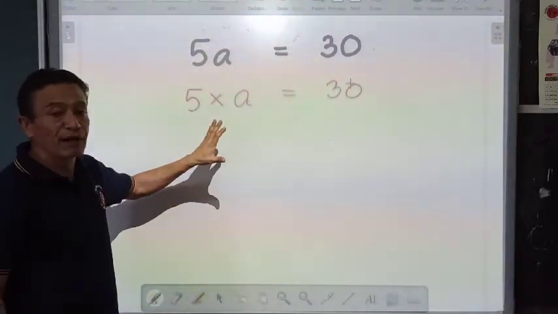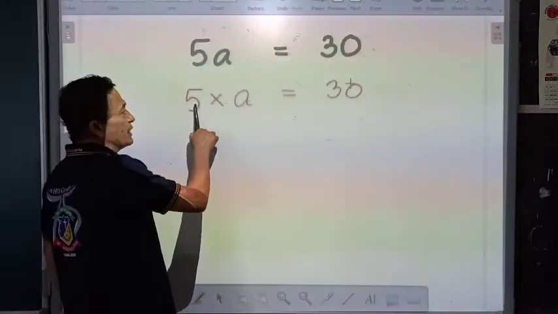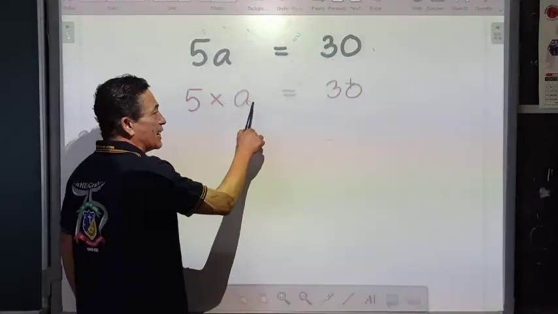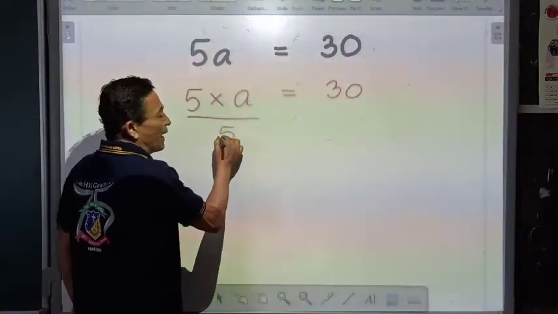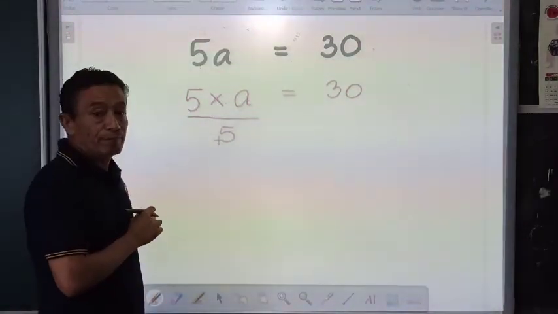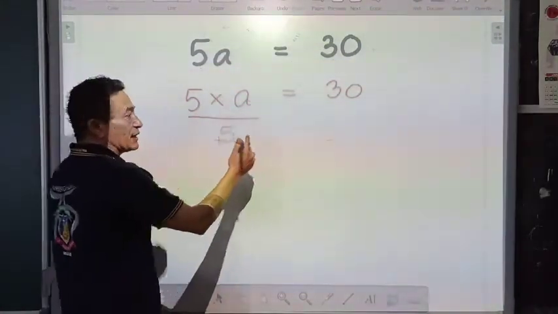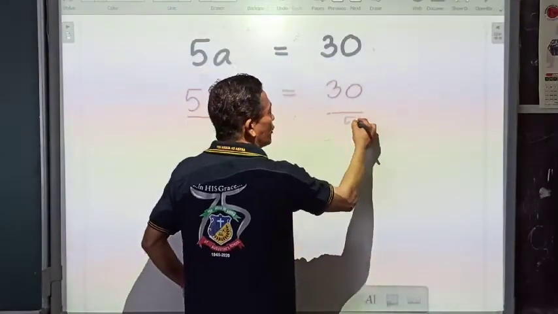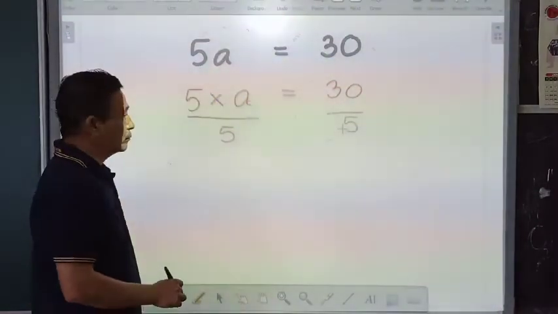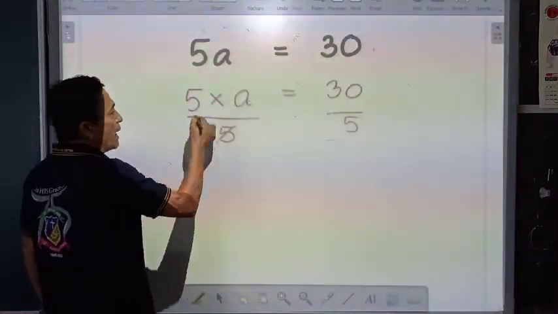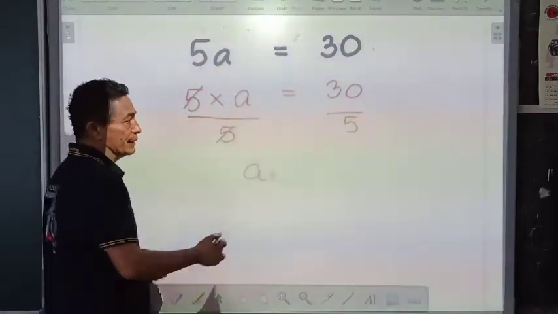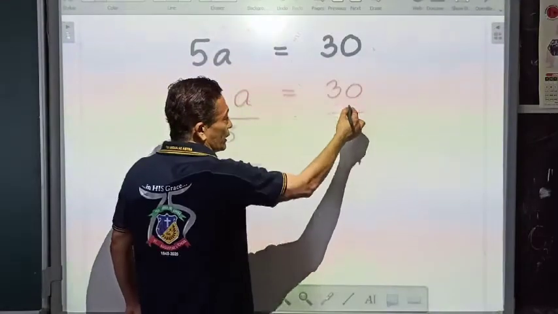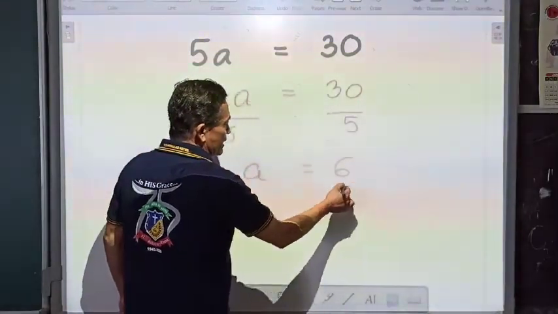How can I remove the 5? Here you can see that 5 is multiplying a. So in order to remove the 5, I will have to divide the whole thing by 5. But if I divide it on the left hand side, I will also have to divide it on the right hand side. Now once I do this, 5 and 5 can cancel, so I will be left with a on the left hand side, which will be equal to 30 divided by 5 is 6.